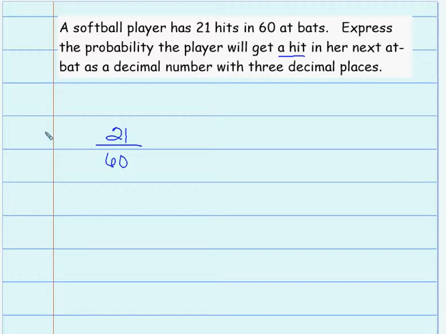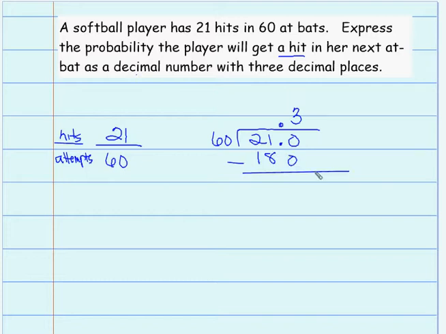We only want the probability that has been established up to this point. Okay, so this is the number of hits out of attempts. And we need to express it as a decimal number with 3 decimal places. So we need to divide 21 by 60.